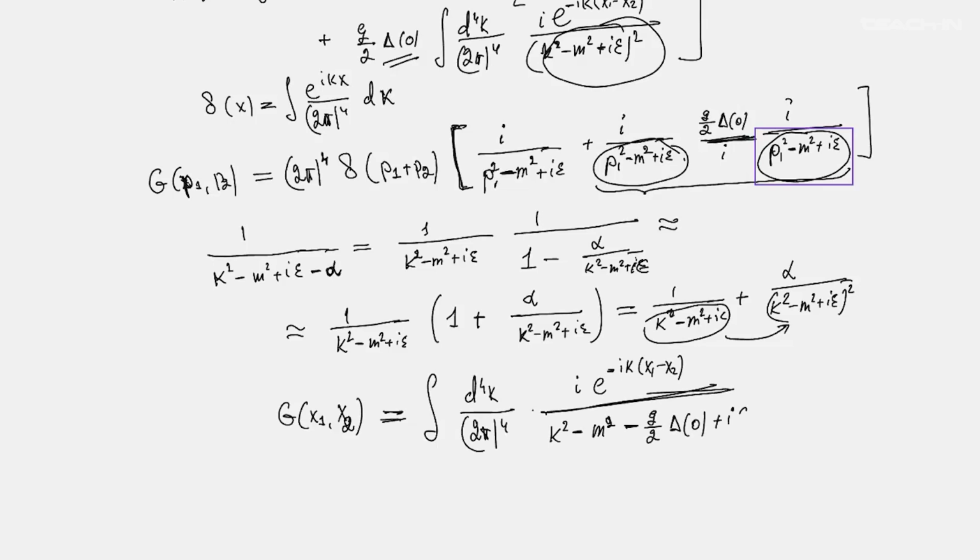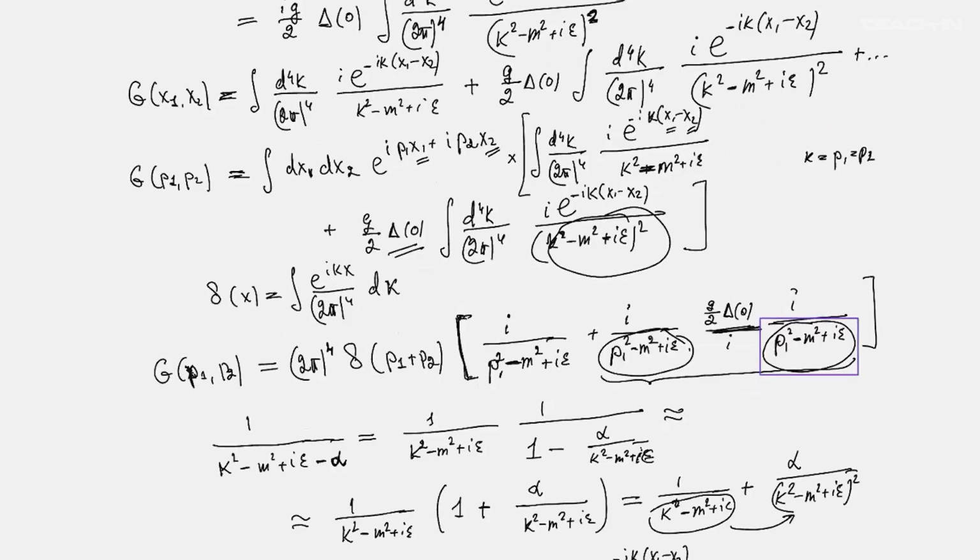This is playing the role of small alpha. If you expand in this parameter alpha, then you will get at the next order exactly what you want, the square of the propagator.